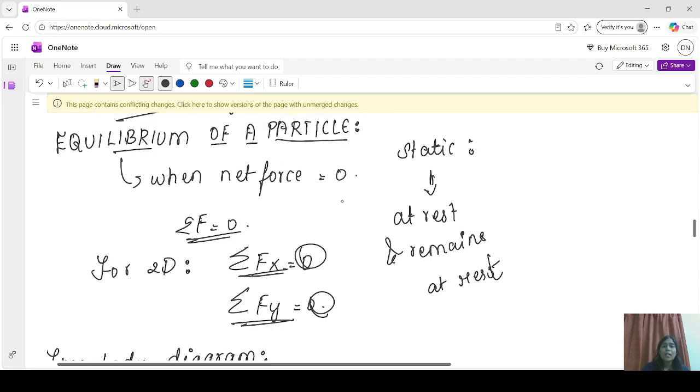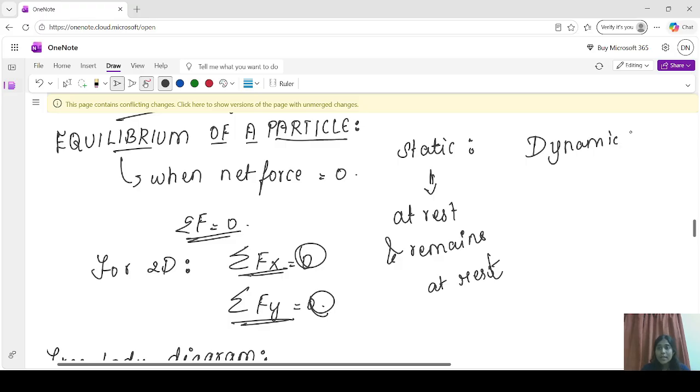Before moving on, what is dynamic equilibrium? The body moves with constant velocity, and in that case it is said to be in dynamic equilibrium. A car moving on a straight road with constant speed, or a train moving uniformly on a straight track, all of these come under dynamic equilibrium.